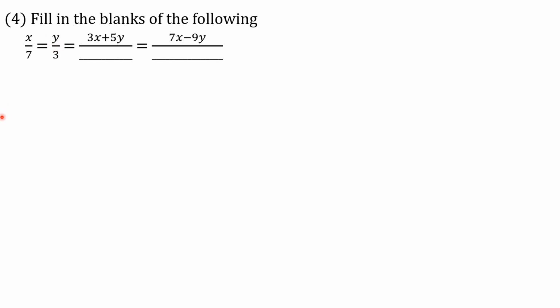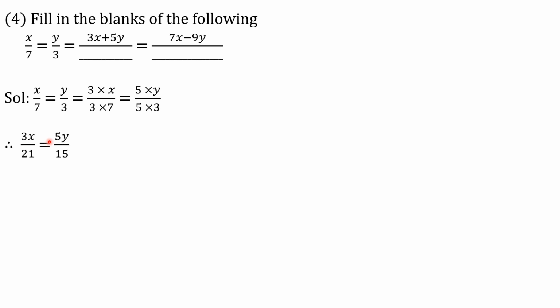So first we'll write x upon 7 equal to y upon 3 equal to, now I need to multiply my first term with 3. So multiplying numerator and denominator here by 3, and I need 5y, so I'll multiply this term with 5. So 5 into y upon 5 into 3. So you will get 3x upon 21 equal to 5y upon 15.